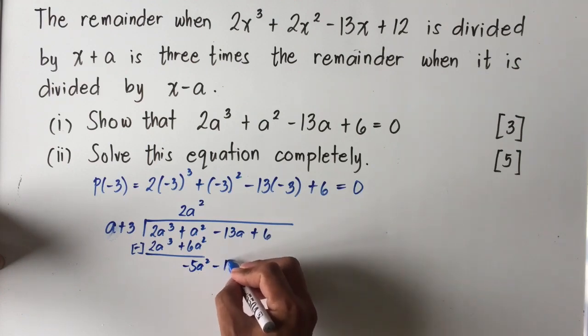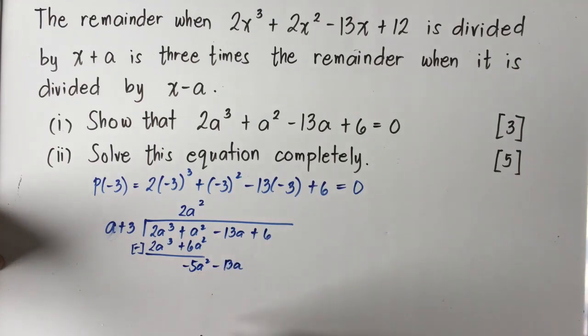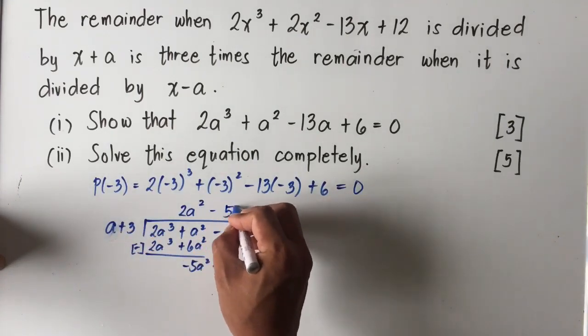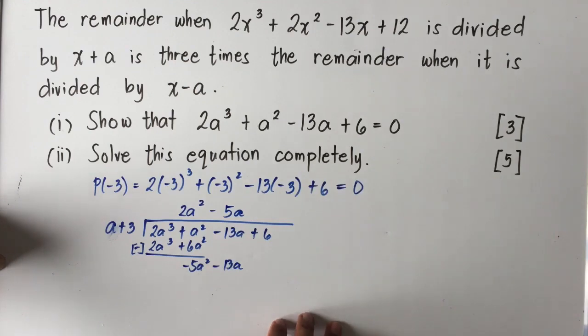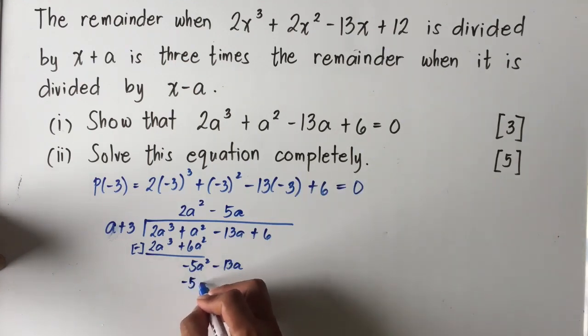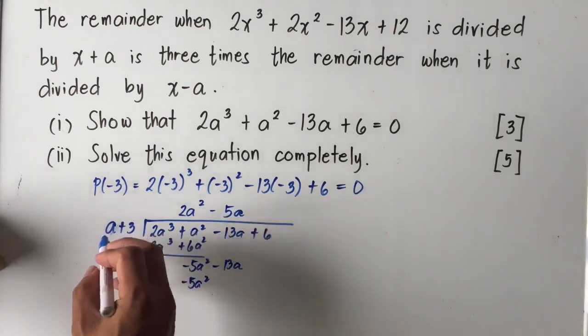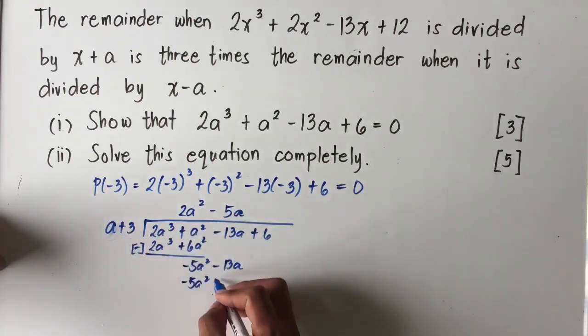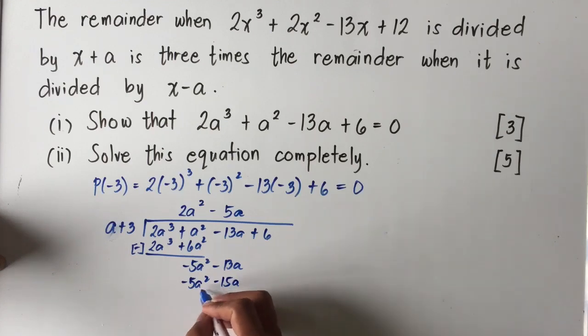Bring down negative 13a. Negative 5a squared divided by a is negative 5a. Negative 5a times a is negative 5a squared. Negative 5a times 3 is negative 15a.